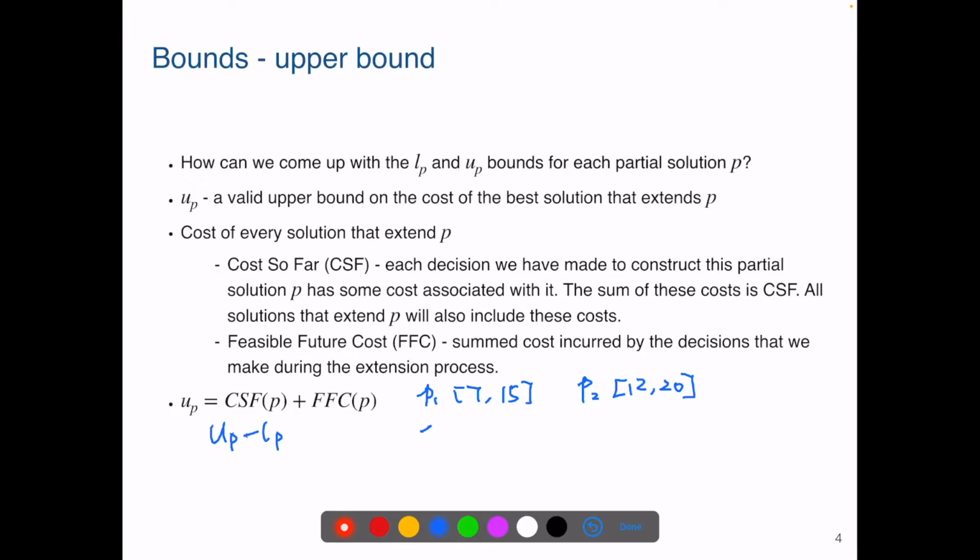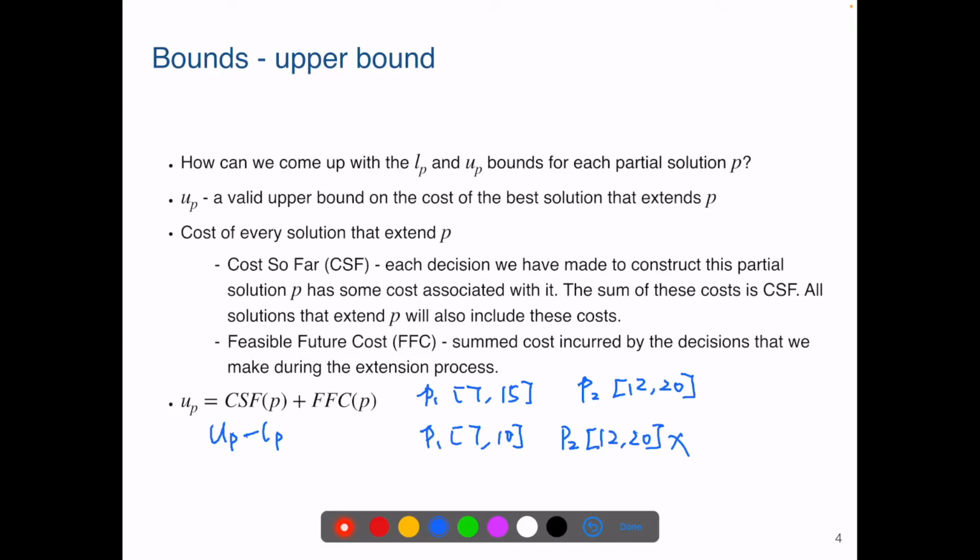But if P1 is bounded by 7, 10, and P2 is bounded by 12, 20, then we can throw away P2 right away. We see that the best solution that extends P2 cannot be better than the best solution that extends P1. So we do not need to extend P2 at all.